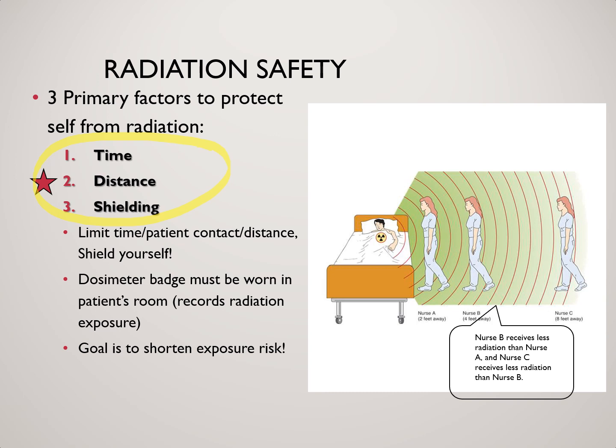So you will receive less exposure if you stand at the foot of the bed of a patient with a radioisotope inserted into the head than if you stand at the head of the bed. If the patient has a radioisotope implanted inside their head, you're going to receive less exposure if you stand at the foot of the bed.